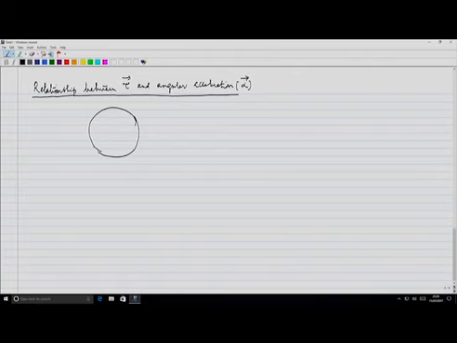First we consider a particle which is going on a circular orbit. There is a tangential force. The radius is r, and there is a mass m. Here it is the tangential force.